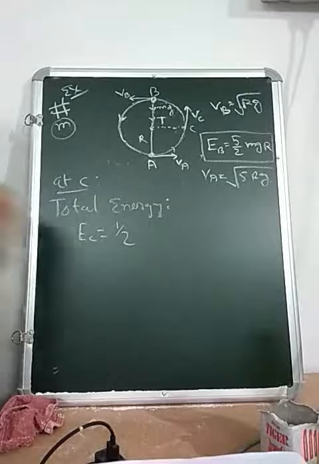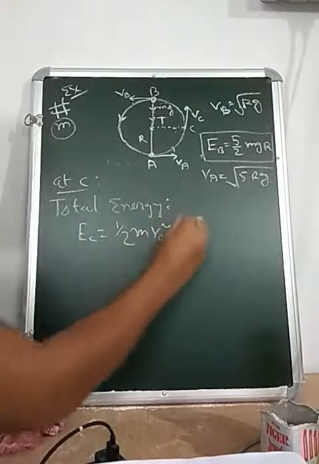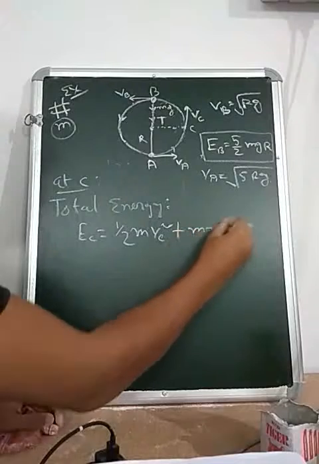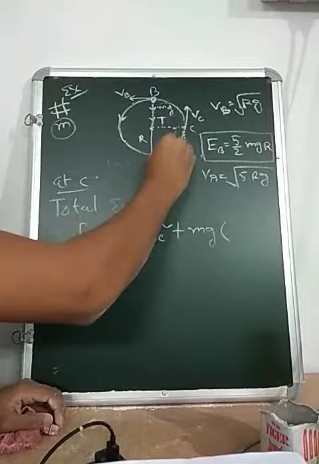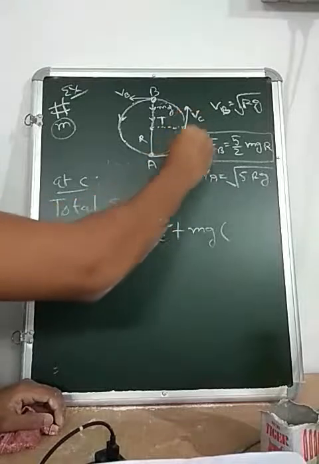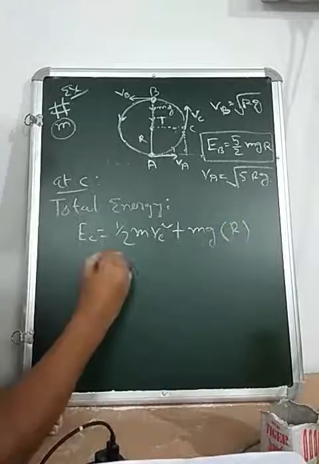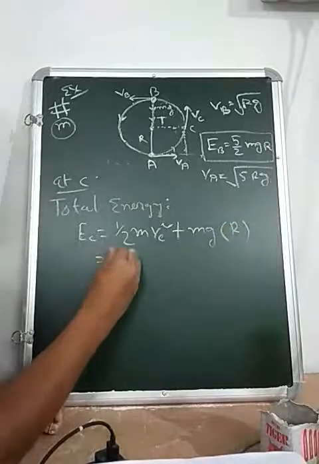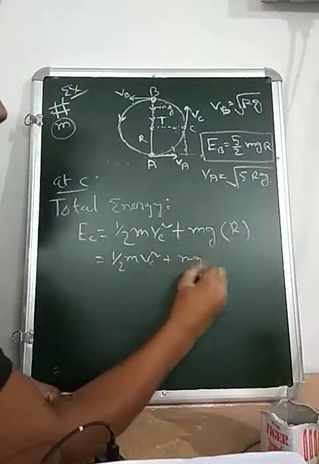So you can write half m Vc square plus potential energy mg into the height. What is the height of this point from the ground? It is r, so mg into r. So we can write half m Vc square plus mgr.